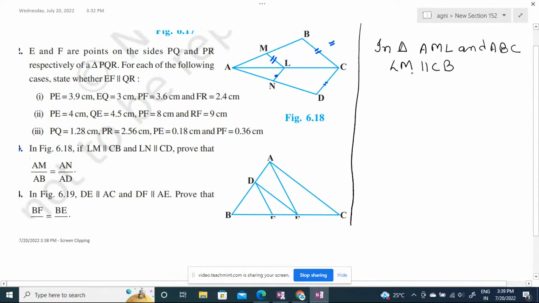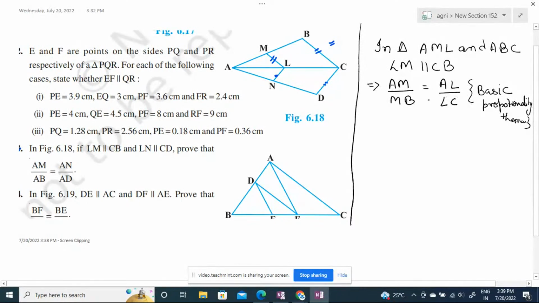So from the basic proportionality theorem, we have ratio of AM to MB, which is equal to ratio of AL to LC. This is the basic proportionality theorem. If two lines are parallel, then the ratio of their sides is equal. Basic proportionality theorem.